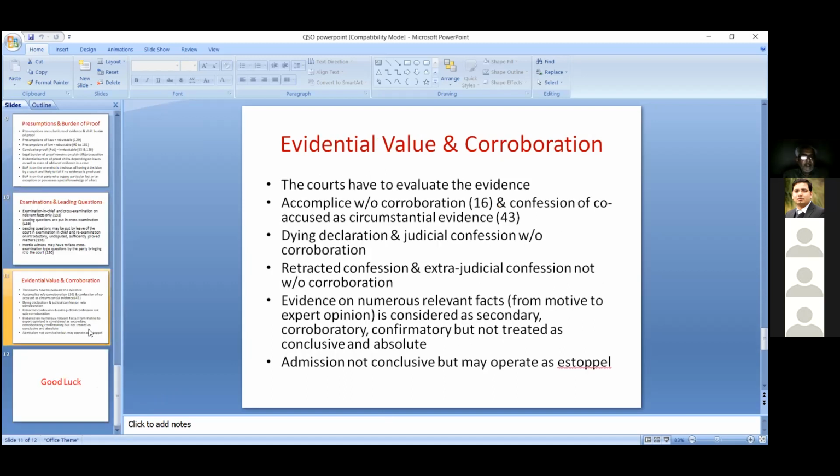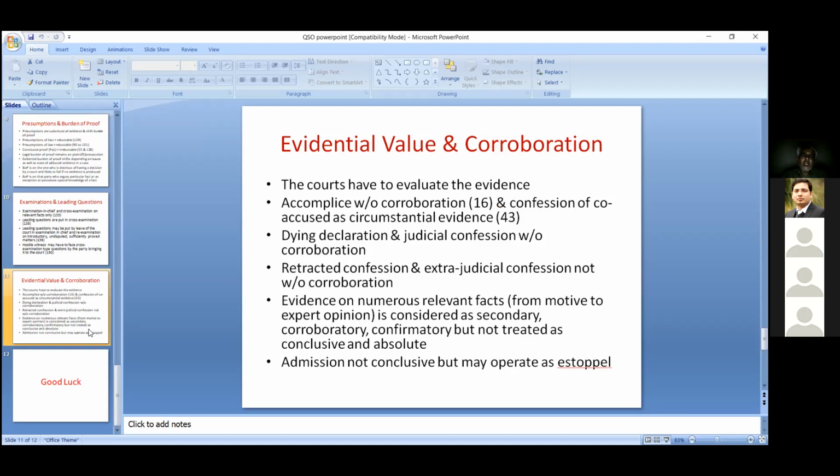Last concept, and this concept is related to reliability, the point which we made earlier, evidential value. When we started this presentation, we said that the law of evidence deals with relevant pieces of evidence.